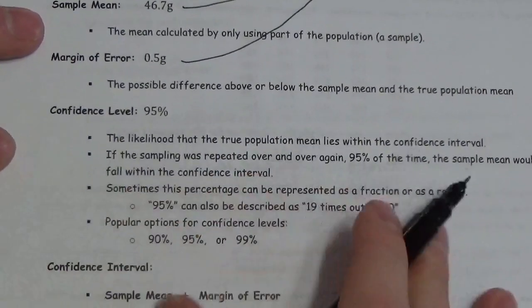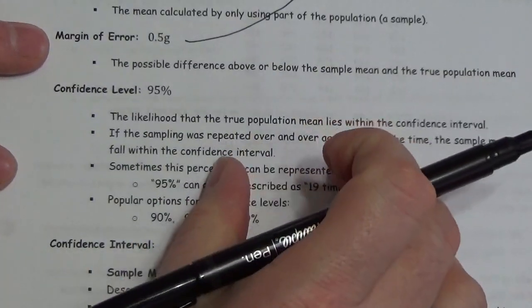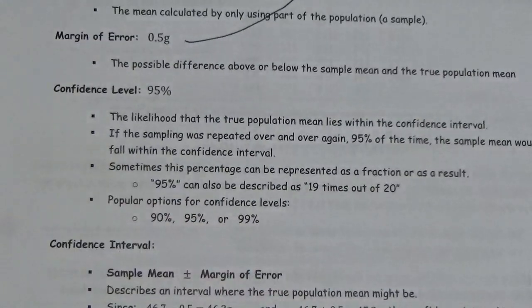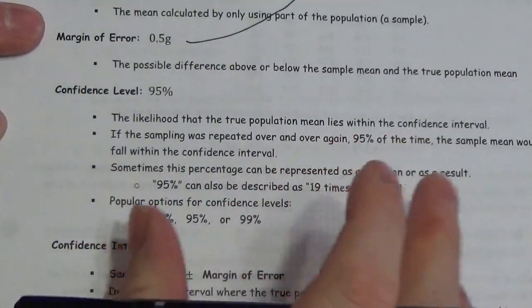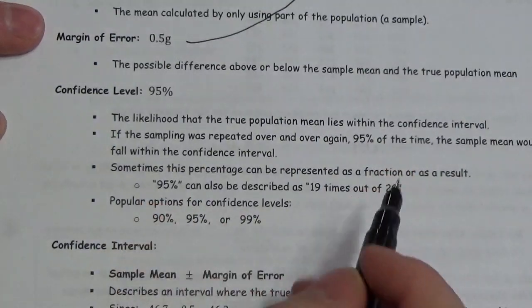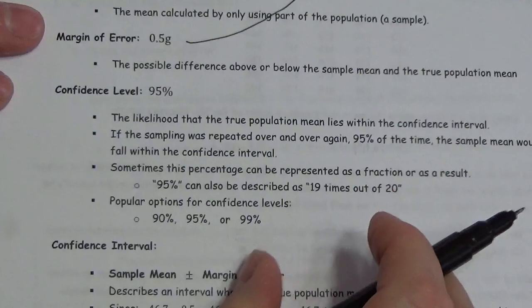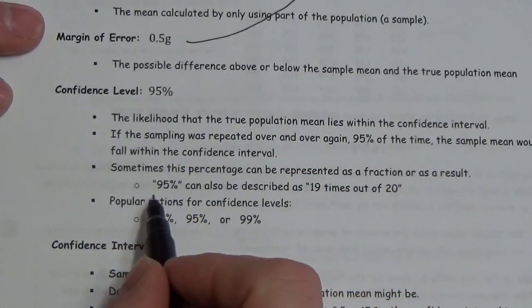The confidence level of 95% is the likelihood that the true population mean lies in that interval. In other words, if you did this same experiment over and over again, 95% of the time, the average golf ball mass will be somewhere in that interval that we've just calculated, right?